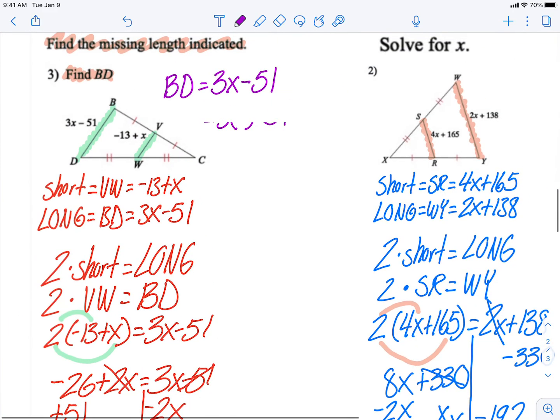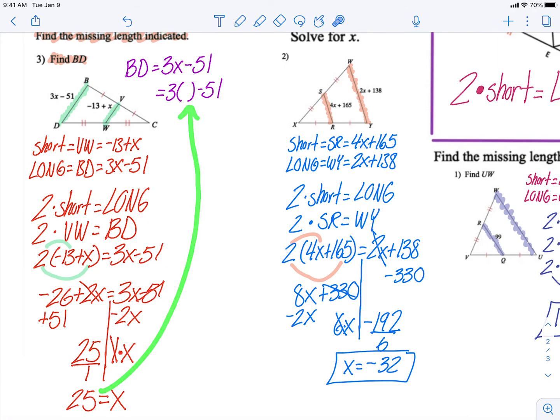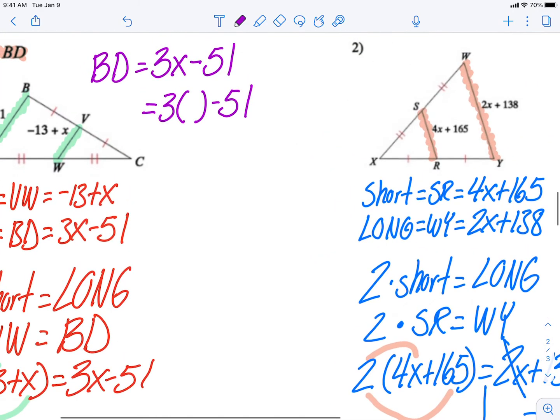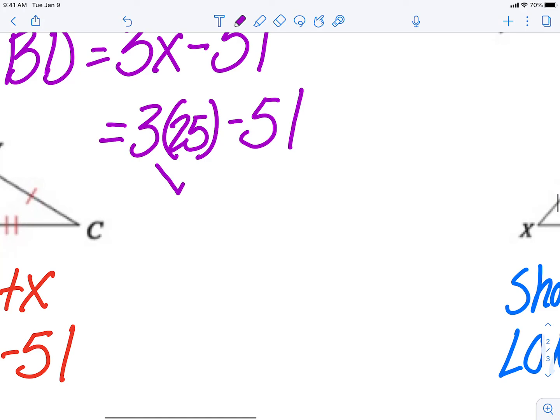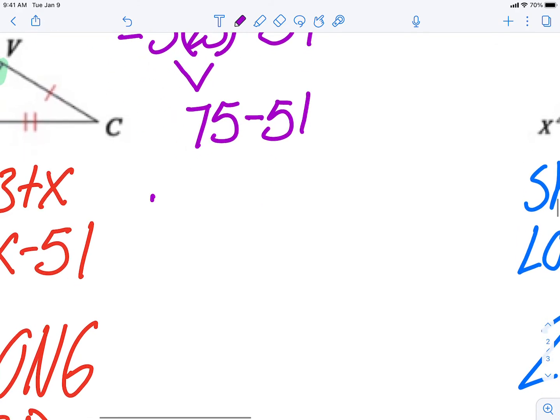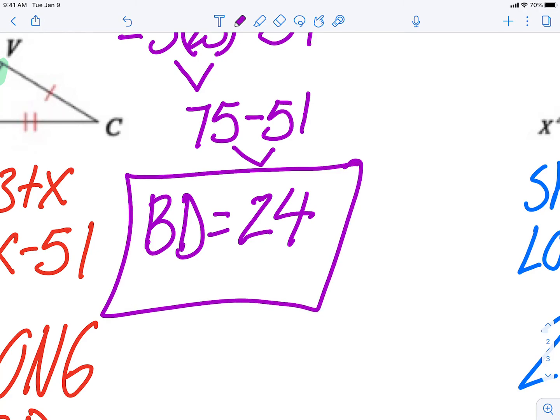What's inside the parentheses is 25, so I can write 25 here. Now 3 times 25 is 75, minus 51. That means BD is equal to 75 minus 51, which is 24. And that, kiddos, is my final answer.